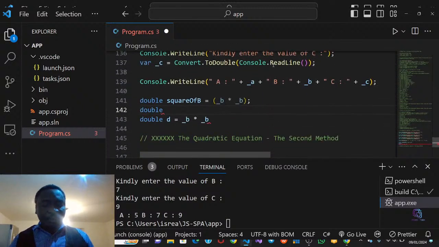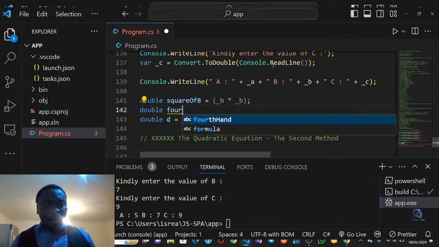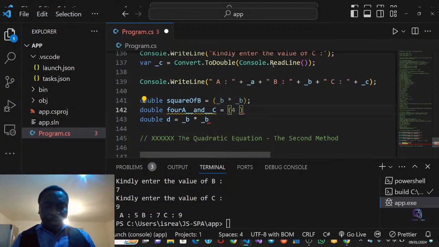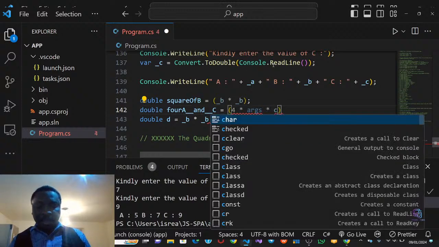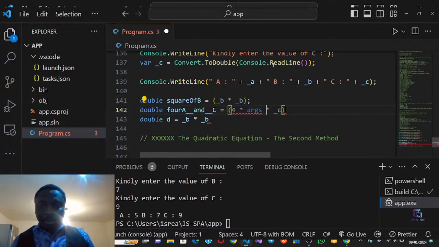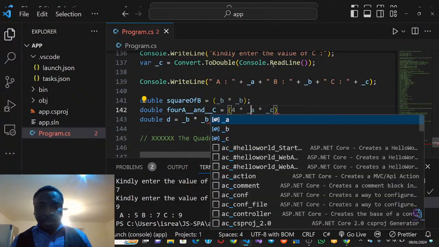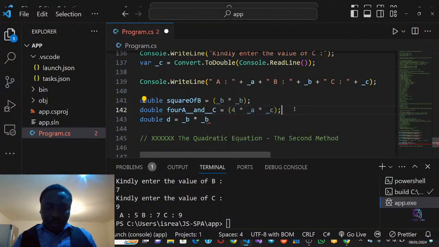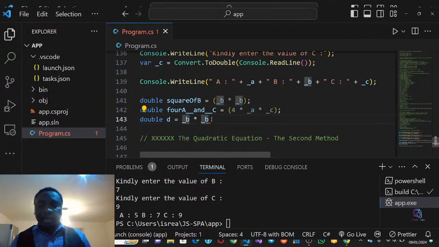So I'll just say double 4ac is equal to 4 times a times c. So underscore c, underscore a. So 4ac. So we'll now go back to our formula.